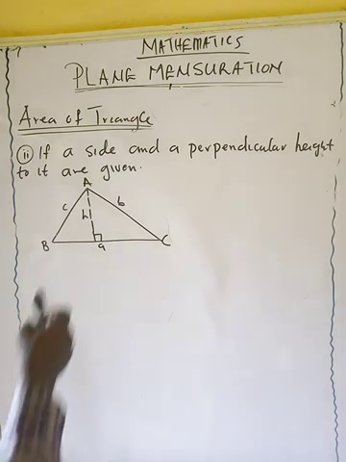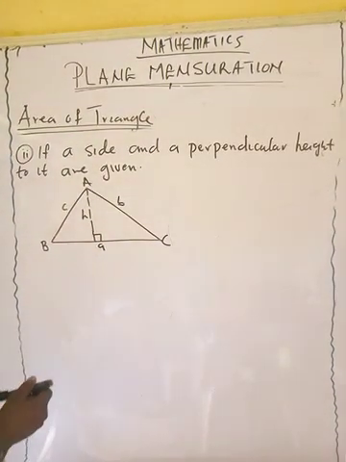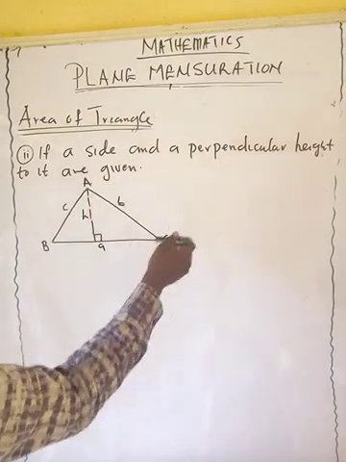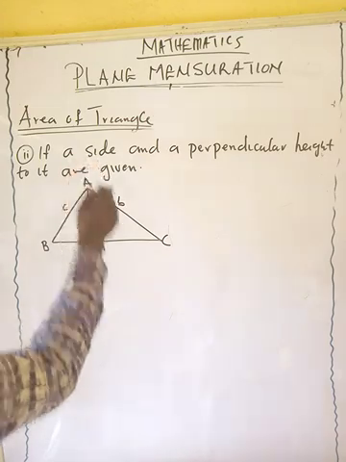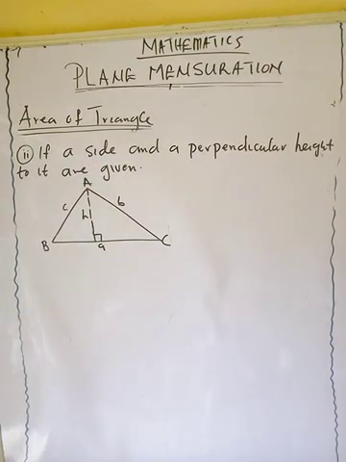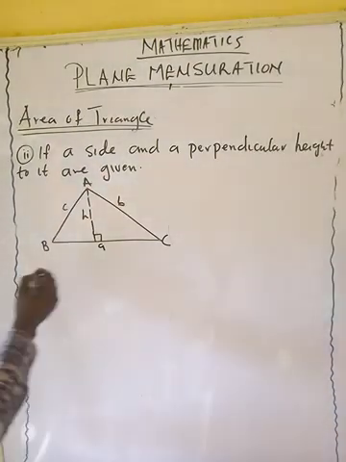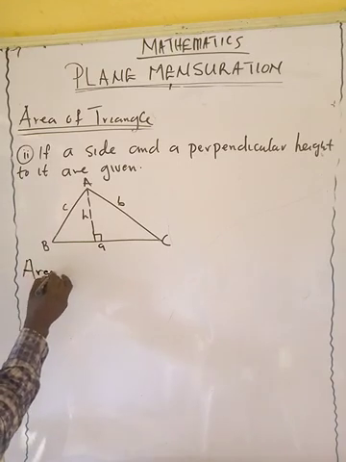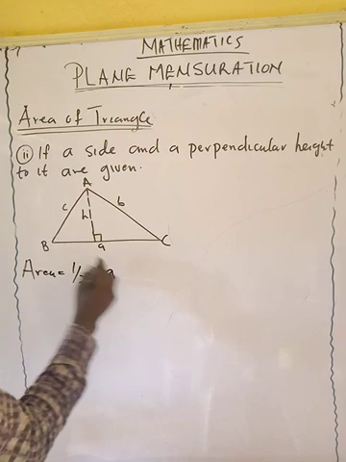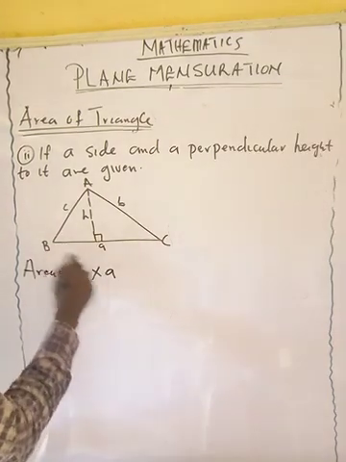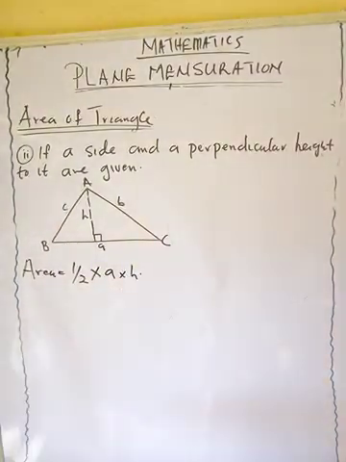So when you are given a question like this, the three sides are given to us and they give us another perpendicular line, which is height. So to calculate for this area, we will now be half times base. This is our base. The whole of this is our base times height.